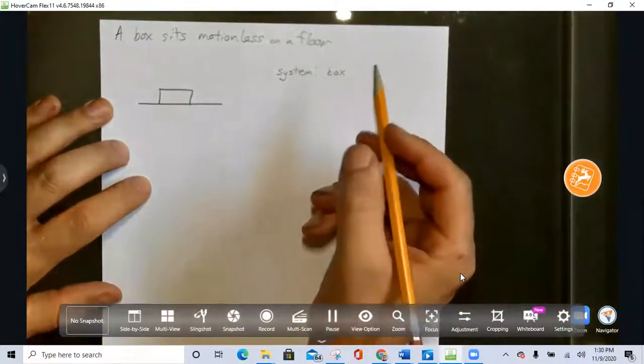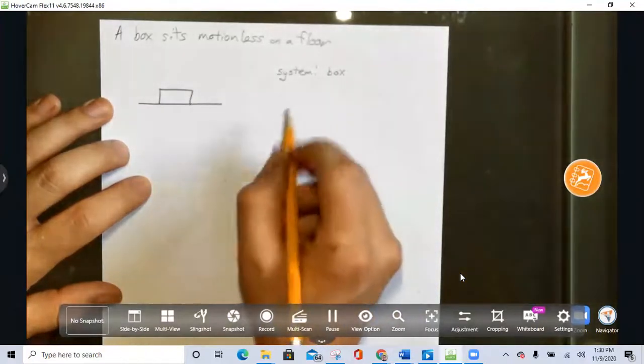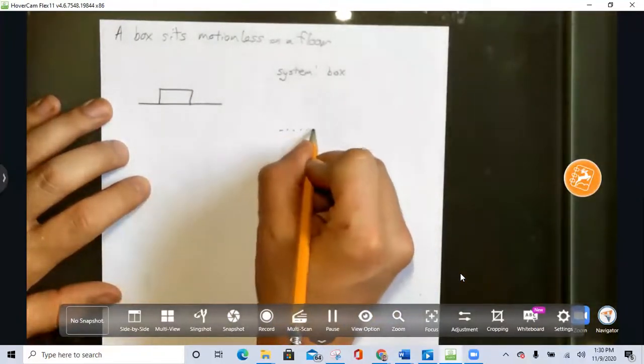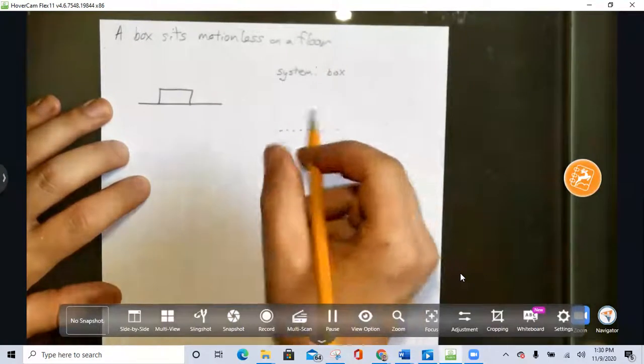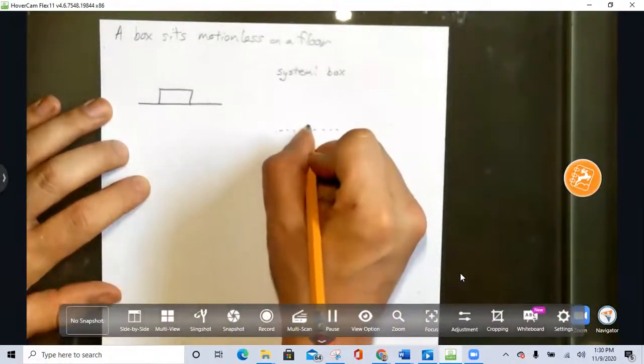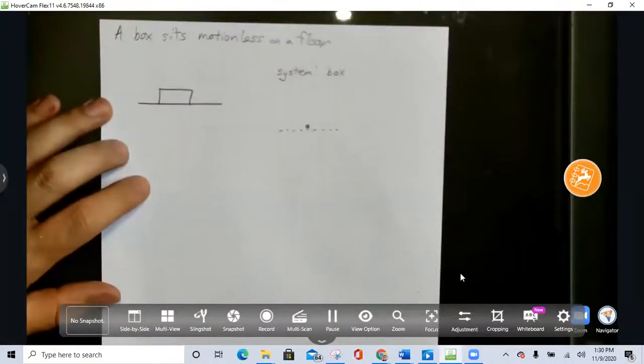Second step, if the object is touching the surface, draw a surface. Got a surface. Got that dashed line. Okay. And then 3 is represent the object with a dot. Here's our dot. Represent all forces acting on the object using vectors.